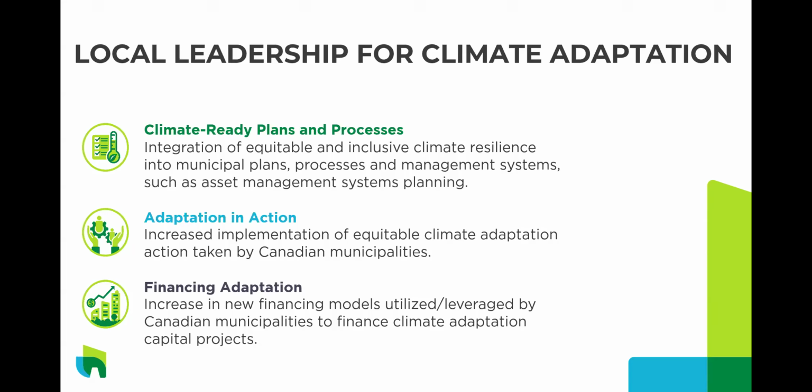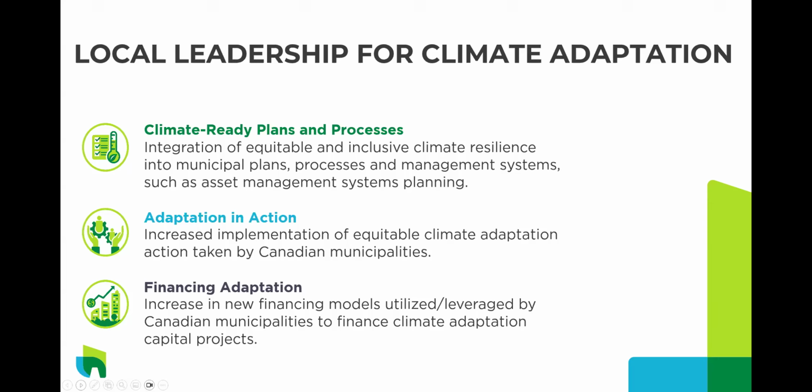So the Local Leadership for Climate Adaptation, LLCA, you'll hear the acronym floating around, is designed around three axes. The first one is the climate ready plans and processes, which focuses on the planning side of things. The second is the adaptation in action axis, which focuses on the implementation of adaptation actions. And finally, the last one, financing adaptation, which looks into new financing models for climate adaptation.